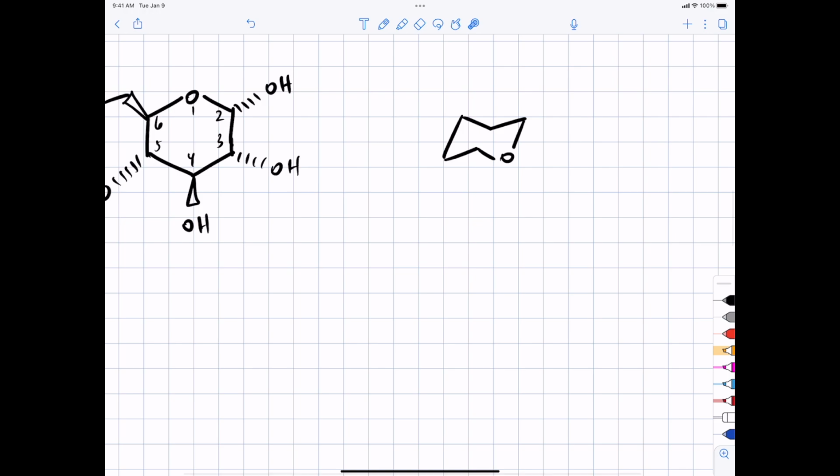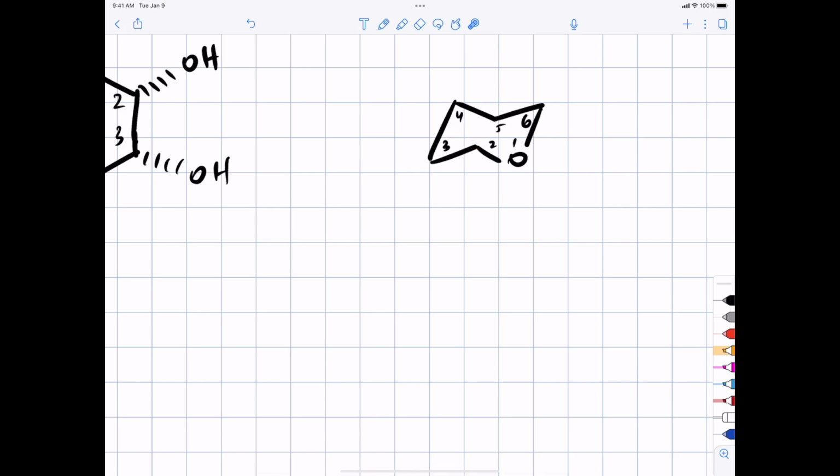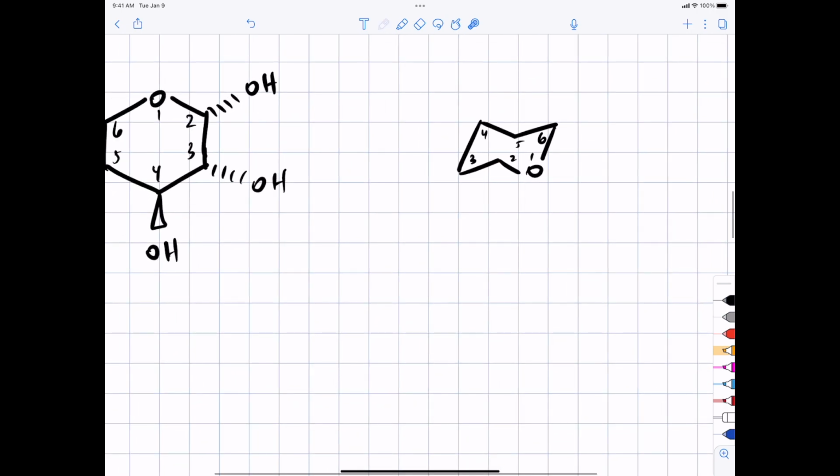So now I'm going to number clockwise, looks like, around the ring, making sure I follow the same pattern. And then all I have to do is go carbon by carbon and make sure that the substituents are in the right place, meaning down versus up. So on carbon 2, I have an OH group that is down, which here must be axial or equatorial.